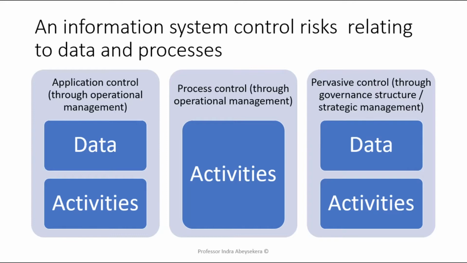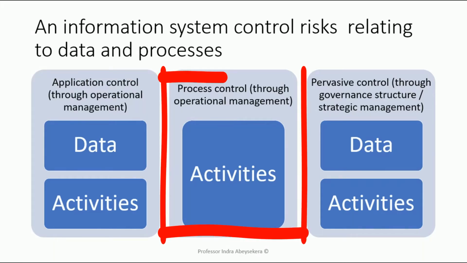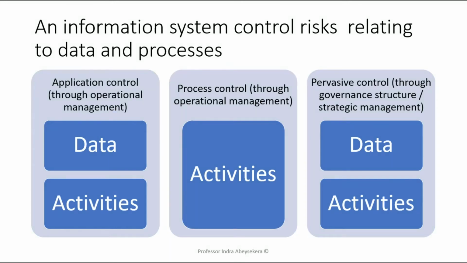Application controls are applied to data and activities, process controls are applied to activities, and purposive controls, through the governance structure, are applied to both data and activities.